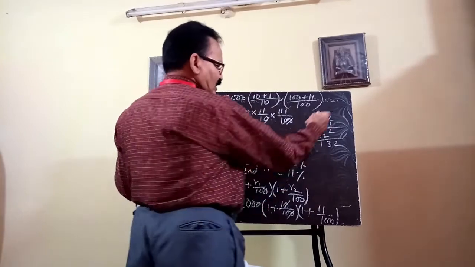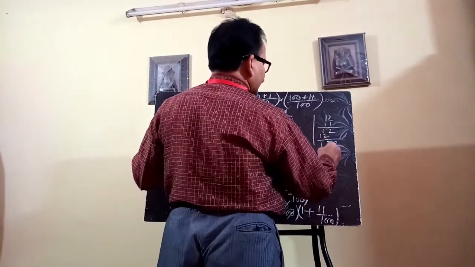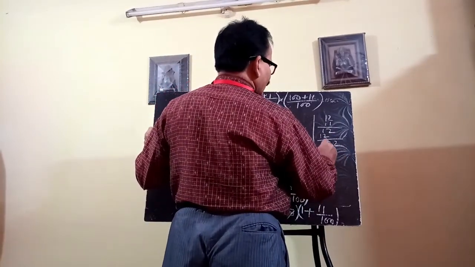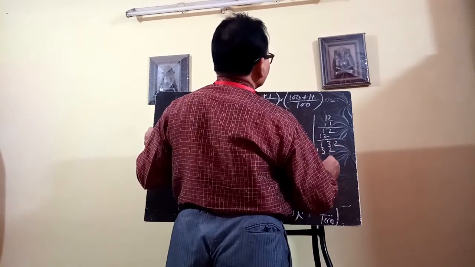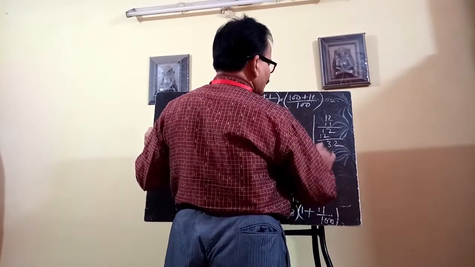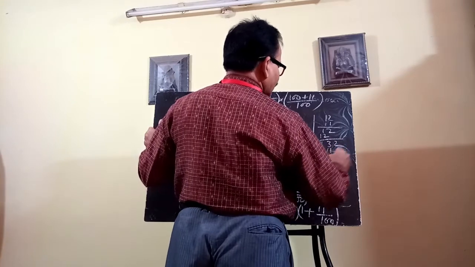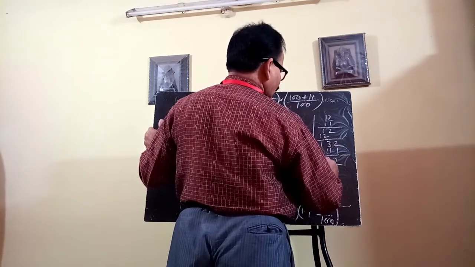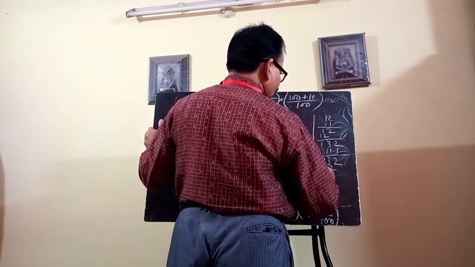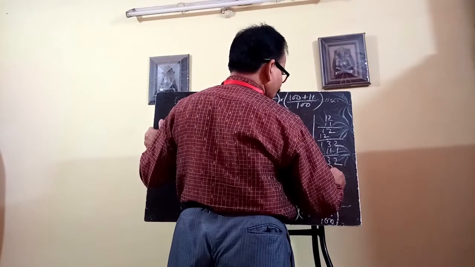When you multiply 12 and 11, it is 132, then you again multiply 132. You have to multiply with 111. So this is 132, 132, again 132.